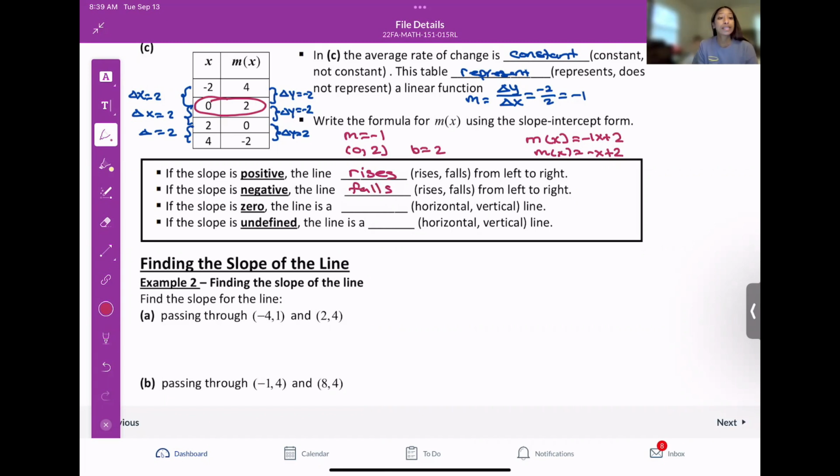All right, and if the slope is 0, that means the y values don't change. So delta y is 0. That would mean that we have a horizontal line. And last one, if the slope is undefined, that means that delta x is 0 and we have a vertical line.